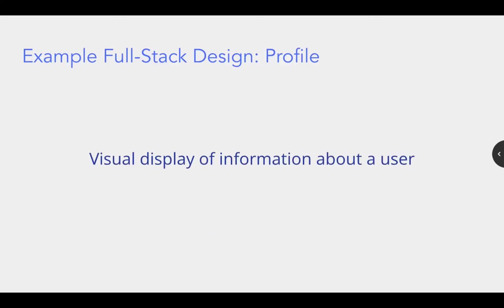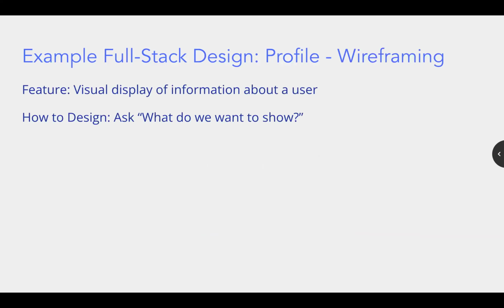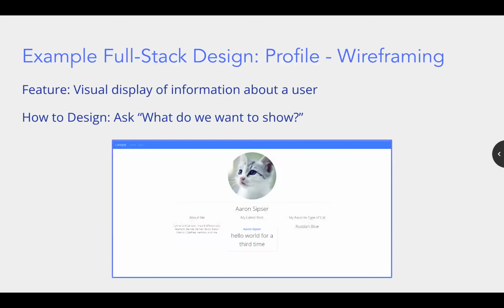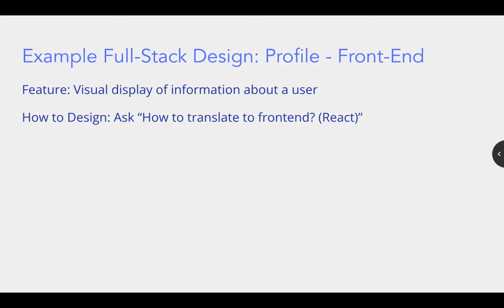And we went through a full stack design example with the profile from How to Win Web Lab if you were at lecture today. So I'll just go through this very quickly. With a profile, for example, you might think, what do we want to show on the profile? So we have maybe something like this that we draw in Figma, let's say. And it doesn't really have to be a Figma, but Figma just happens to be quite helpful for doing something like this. We can then translate that into some front-end components.